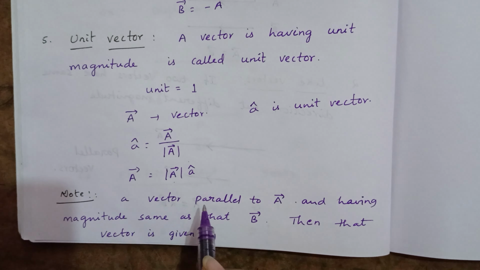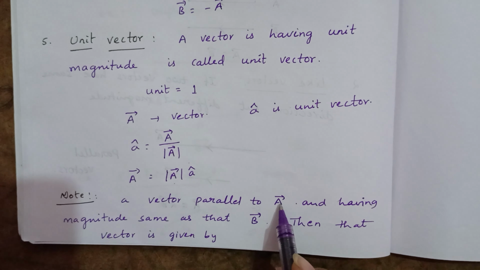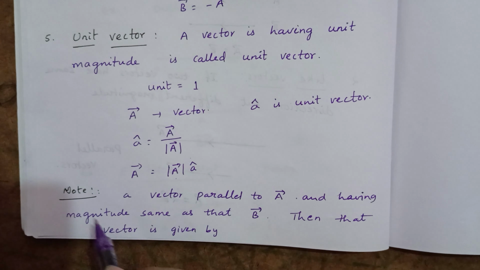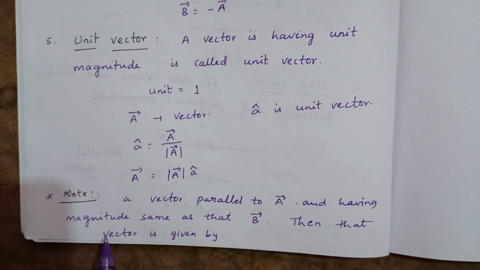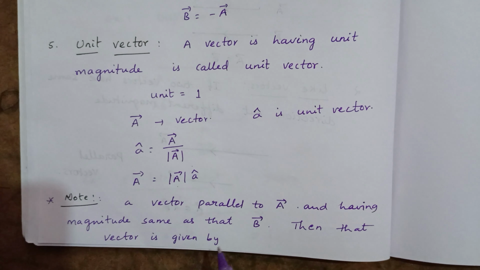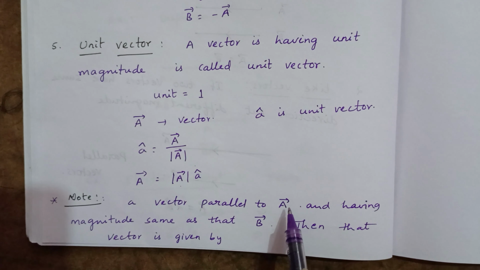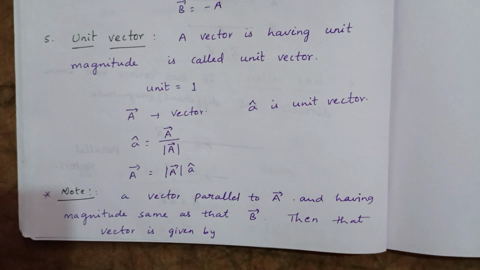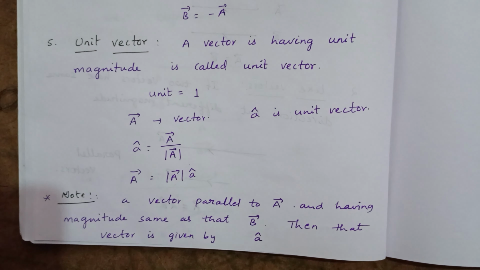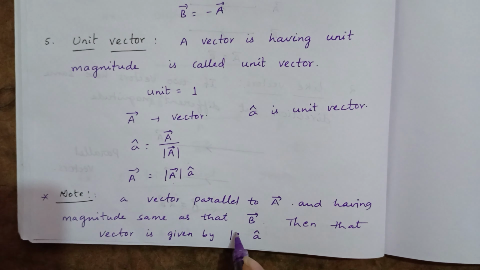Now another vector, a new vector, has its direction parallel to A bar and magnitude same as B bar. In a problem, if they ask to find the vector whose direction is parallel to A bar and magnitude is the same as that of B bar, then parallel to A bar means direction A cap, and magnitude is equal to magnitude of B bar.